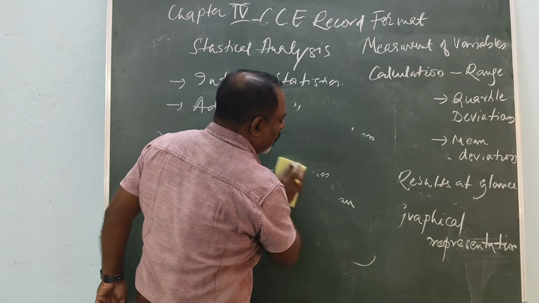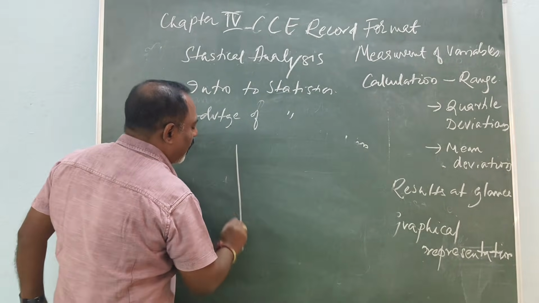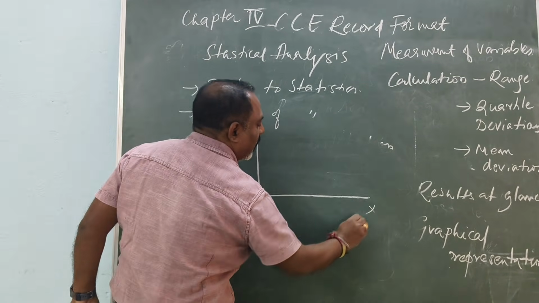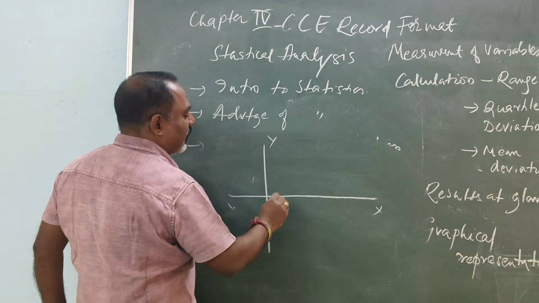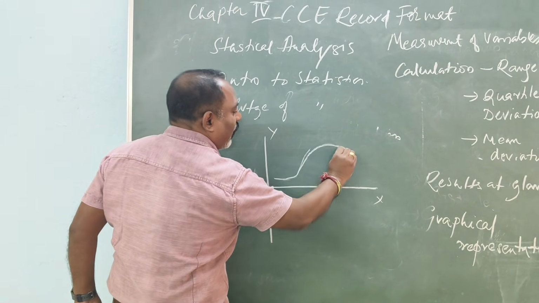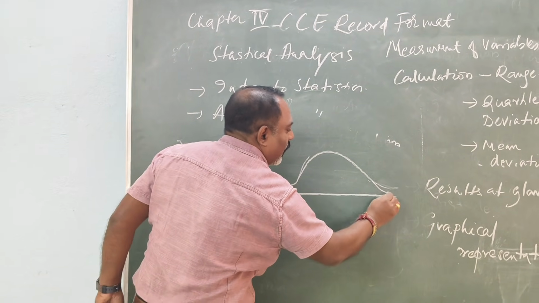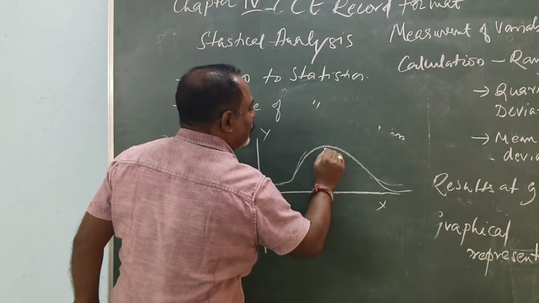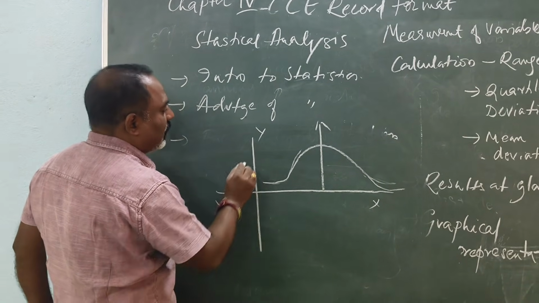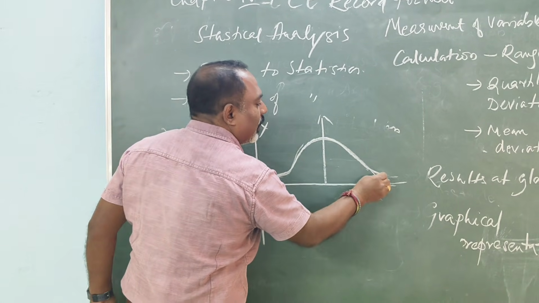It is not that we are going to adjust the bell curve, it will come naturally. This will be the x-axis, and this will be the y-axis. When it comes, it should be in the form like this. So when you go for the graph, you should get a bell curve.